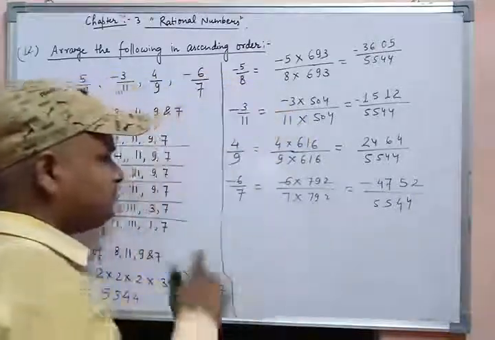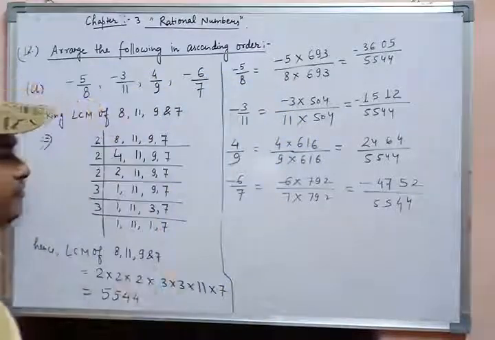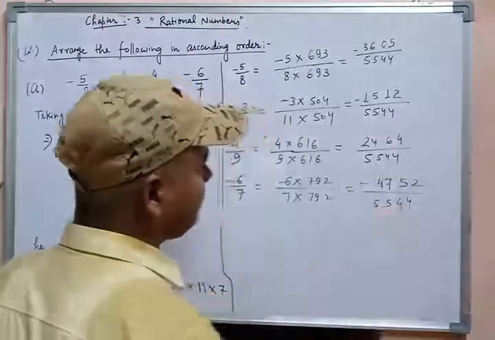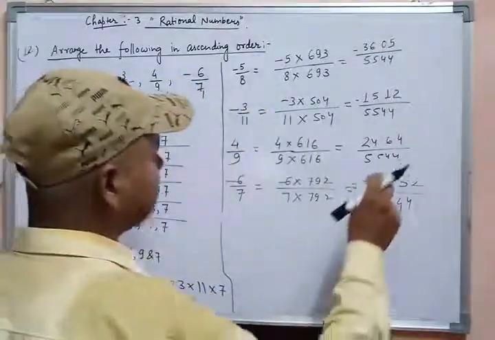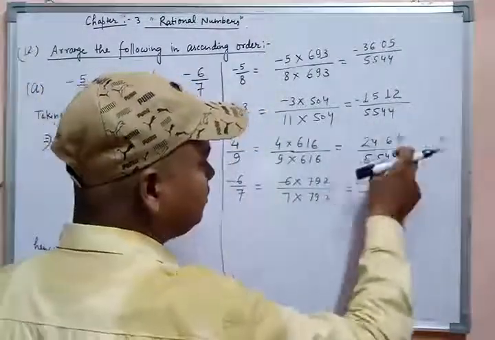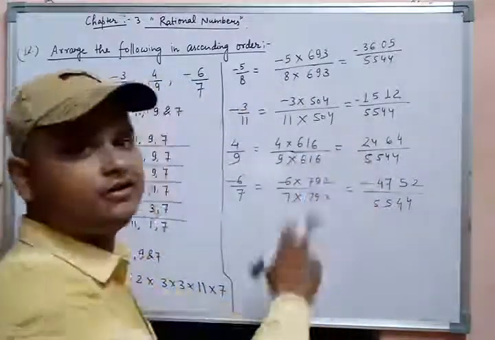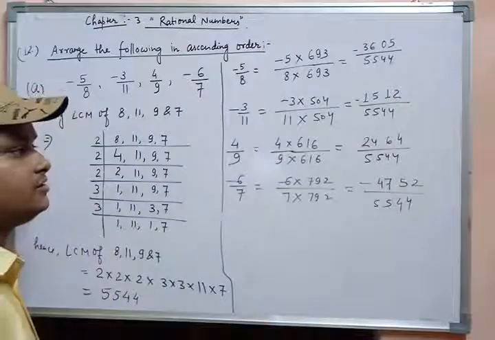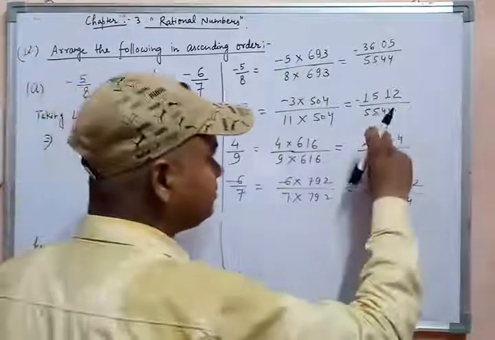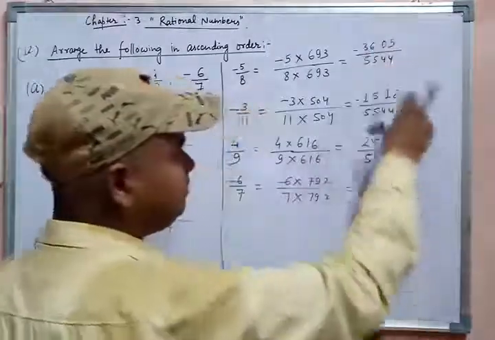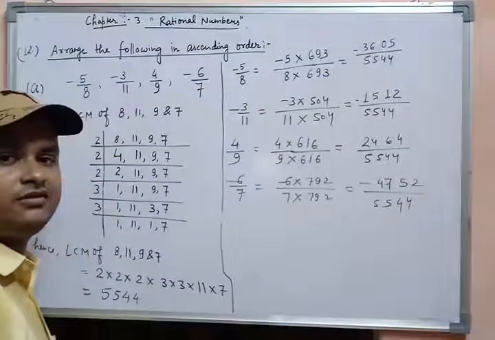So now here we have to check that this number is greater than all these numbers, because this number is the only positive rational number. So this number is larger than every other rational number.